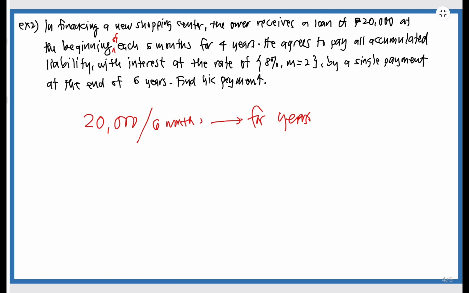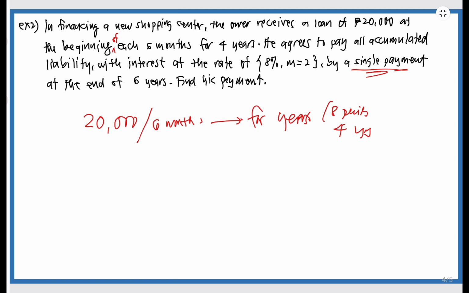So 4 years means 8 periods. But he will pay one time, in other words a lump sum, a single payment, but only at the end of year 6.